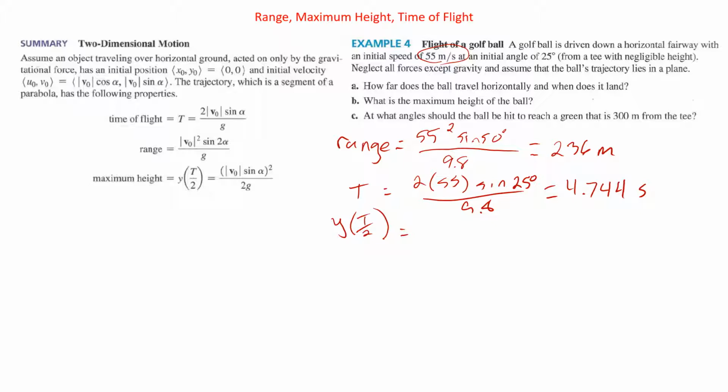But it would be 55 sine of 25 degrees squared over 2g. And so we can plug those in, and it'll be 27.566 meters.